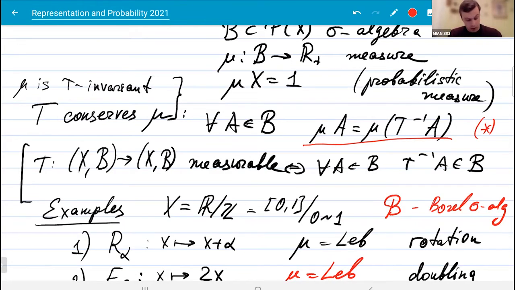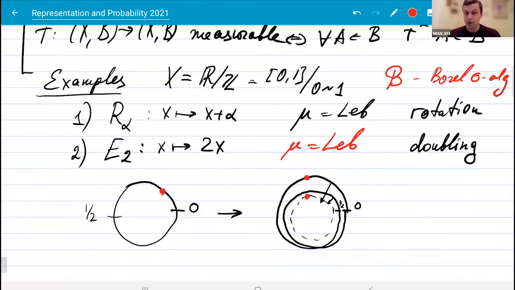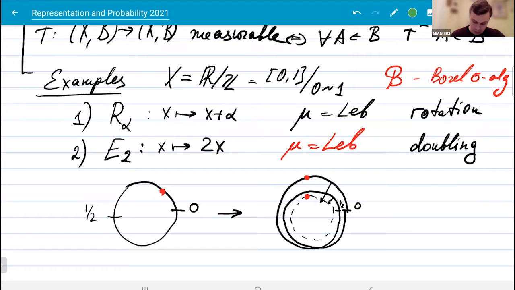But nevertheless, let us check that the measure of the pre-image of every segment is the same as the measure of the segment itself. So let's consider a segment, for example, here. Then what is its pre-image? Well, you can see that this pre-image consists of 2 segments.